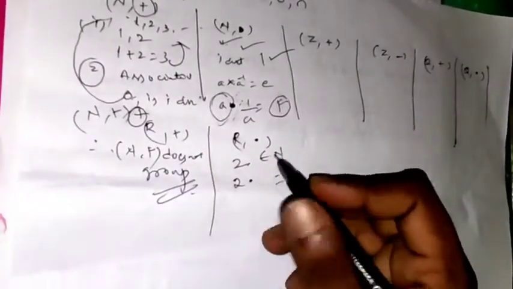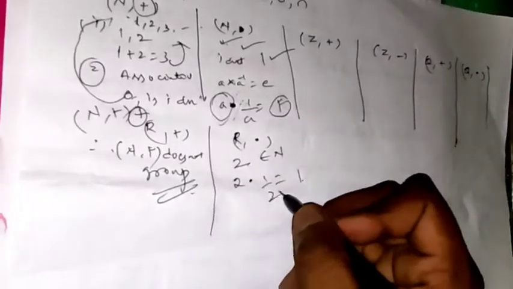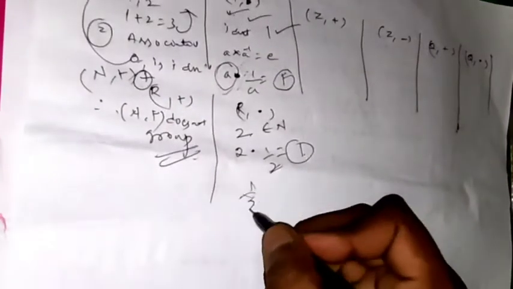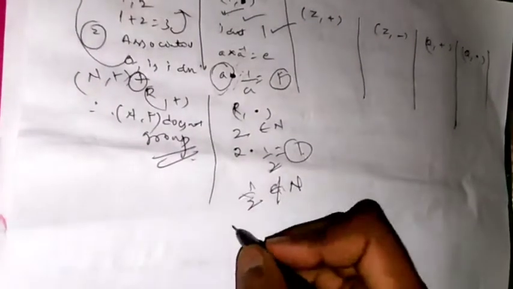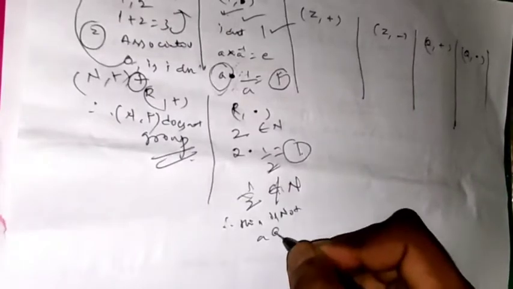What is the element we take here? We get 1 by 2. The 2 cancels, we get 1, the identity. But does 1 by 2 belong to our set N? No, it does not belong to our set N. Therefore this is not a group. I hope you understand.